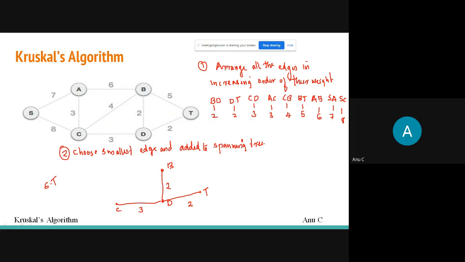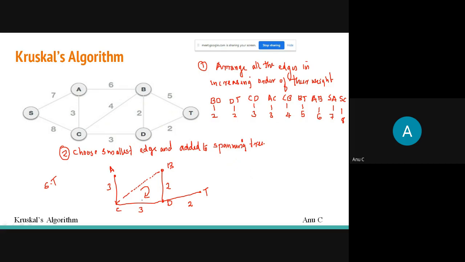The next one, AC. Okay. The next smallest edge is CB. Suppose I'm adding the CB here. Okay, it will create a circuit, right?